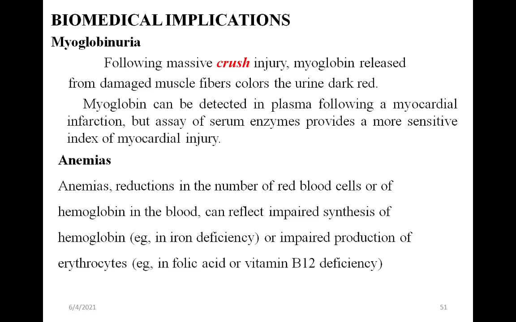But in that case also anemia occurs. Defective synthesis of the RBC or defective synthesis of the hemoglobin: these are the two causes of anemia. There will be reduction in the number of cells or of the hemoglobin in the blood, which can reflect impaired synthesis of hemoglobin or impaired production of the erythrocyte.